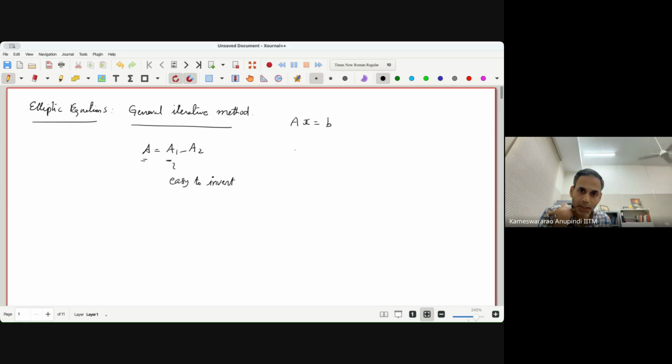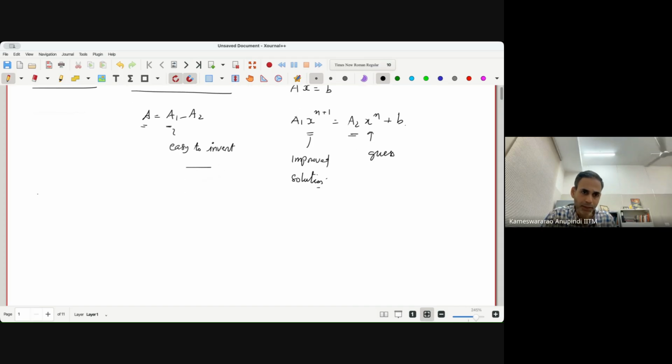The iterative scheme is then A1 x^(n+1) = A2 x^n + b, in which we start with a guess value for x and get an improved solution x^(n+1). That is the idea for an iterative method in general.